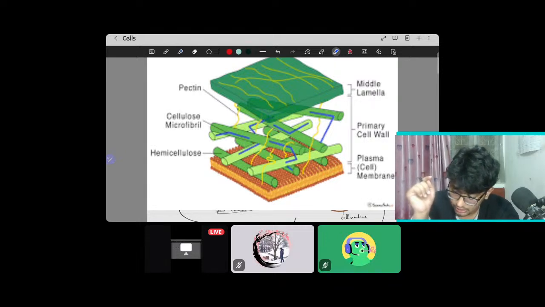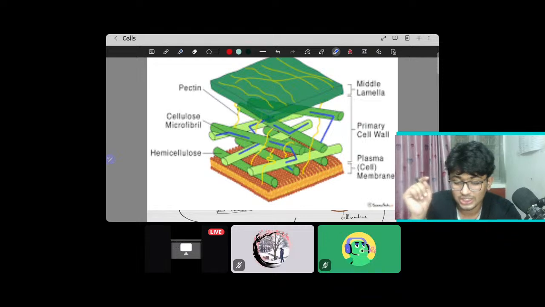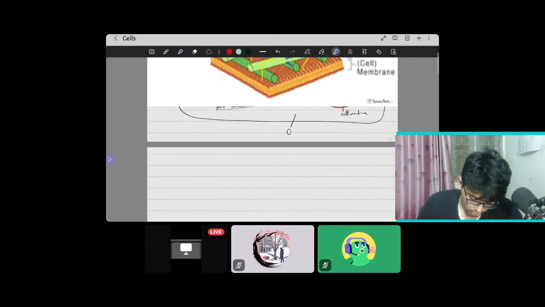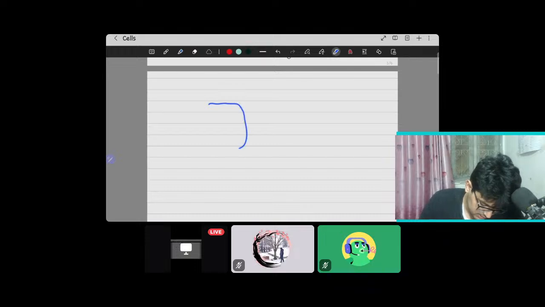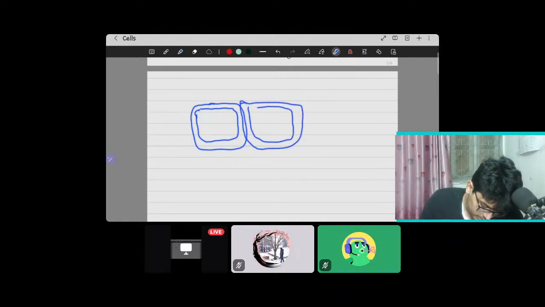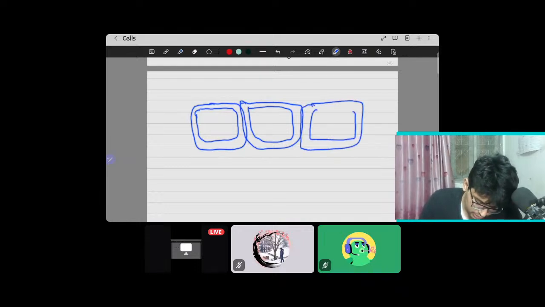The middle lamella holds neighboring cell walls together. It is composed of a sticky gel-like substance of magnesium and calcium salts, which are called pectates. For example, this is the cell wall here. The part which touches the adjacent cell wall is the middle lamella because it is on the top.